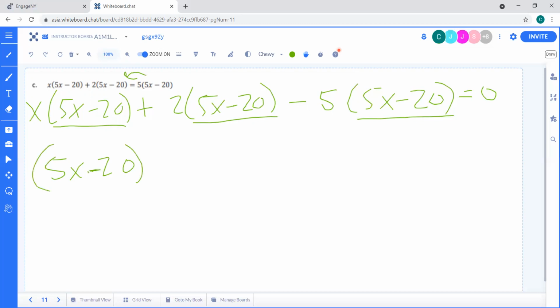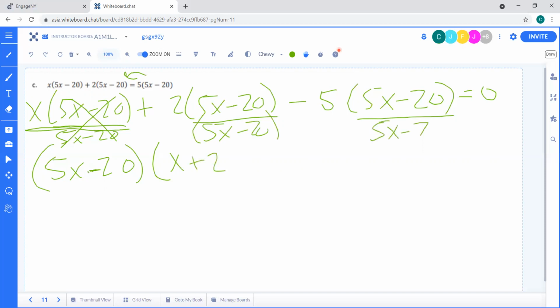Okay. Now, if I was to divide this whole thing by 5x minus 20, that cancels and leaves me with x. Same thing here. Divide by 5x minus 20 because I factored it out. That leaves me with plus 2.